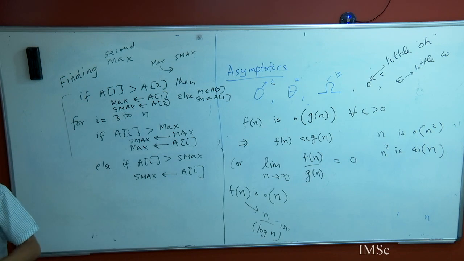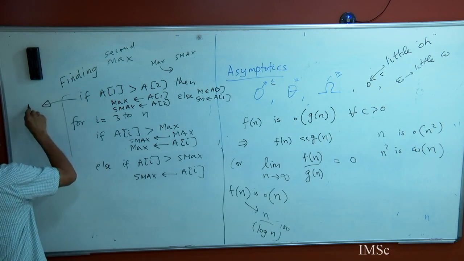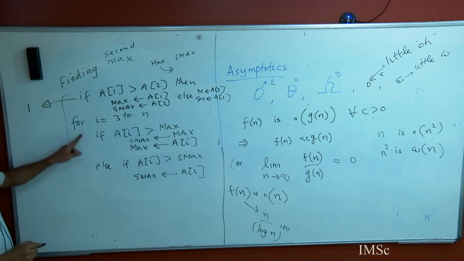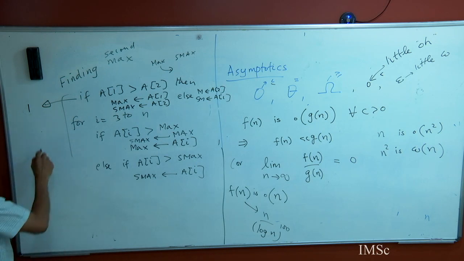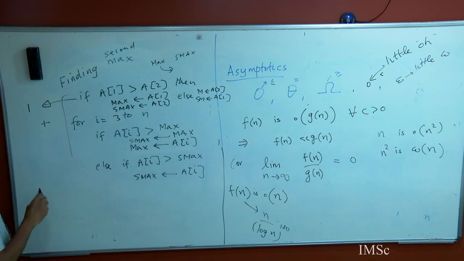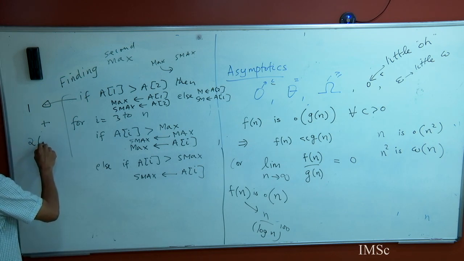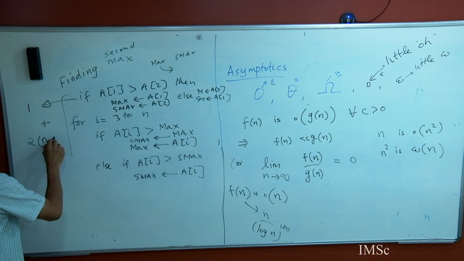So all that is fine. How many comparisons does this algorithm make in the worst case? So here there is one comparison, and here two into n minus 2, right?